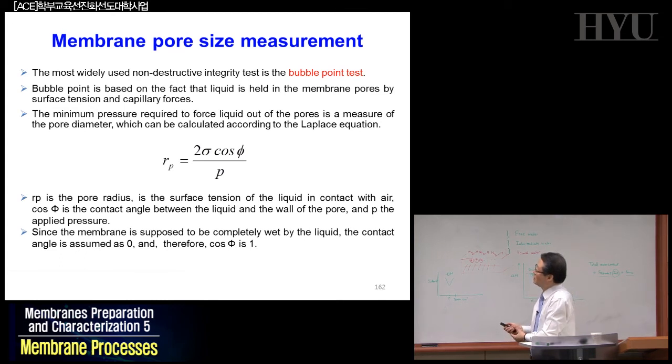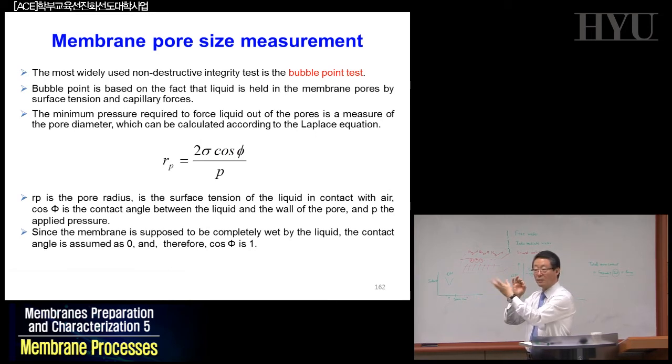This is what is called the bubble point test. The bubble point test is based upon the liquid which is held in the membrane pore. First of all, the pore is filled with the liquid. Then you pressurize the membrane so that the liquid will come out.